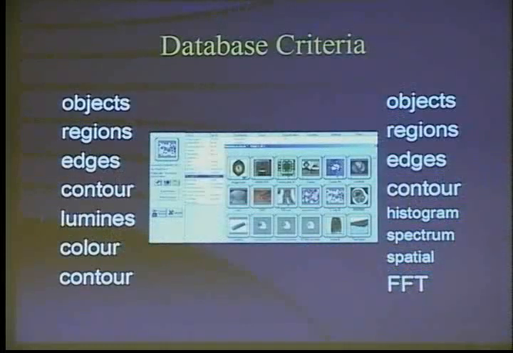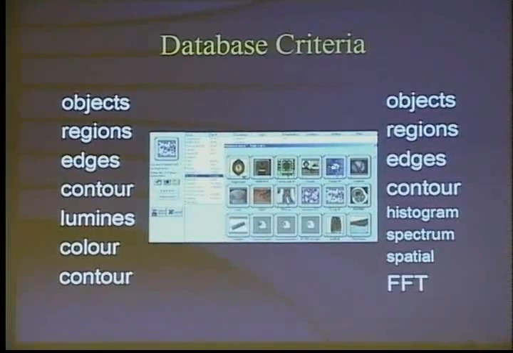Defining a database criteria by looking at, in the imaging databases that were of interest to us, what were the things that really made a difference? How many objects are there? Be divided into regions, but turning a picture into a stained glass window or a paint by number kit. Edges and areas inside of it.